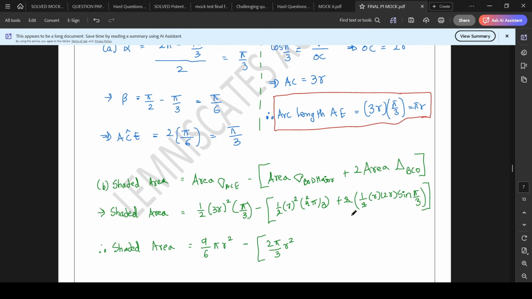Then this 2 and this 2 go, you are left with what? 2r squared sine pi by 3.